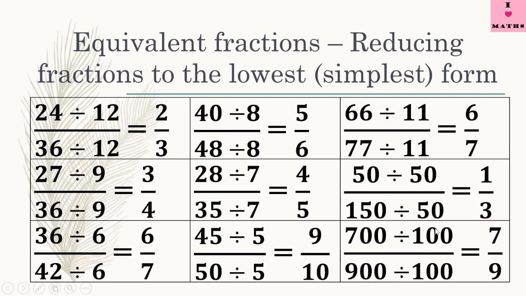So 700 divided by 100 is 7. 100 sevens are 700. 900 divided by 100 is 9. 100 nines are 900. So children, 700 upon 900 is equal to 7 upon 9. So this is how we change the given fractions to their lowest or simplest form.